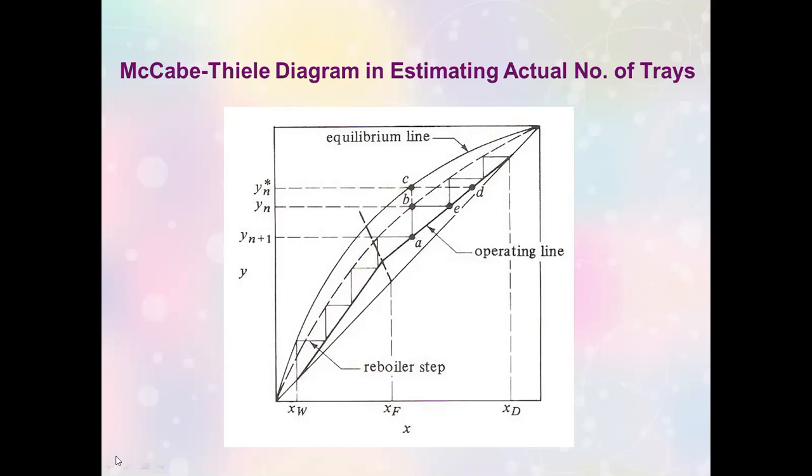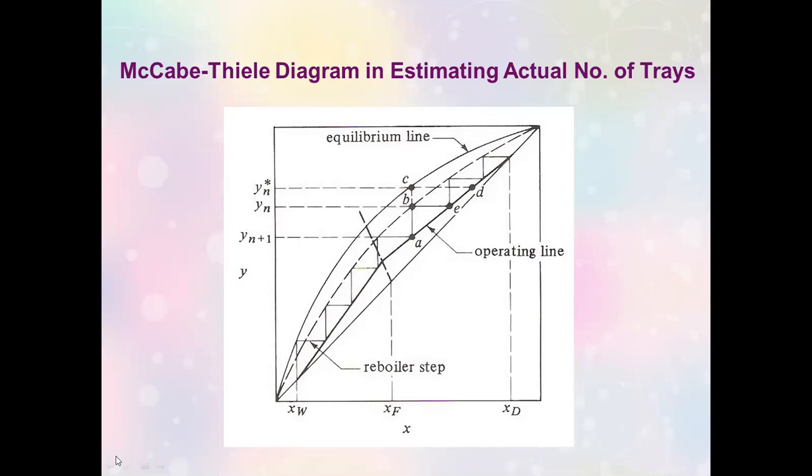So to simplify things, when you look at the graphical technique of determining the pinch point coordinates, isn't it that the intersection of the feed line and the equilibrium curve is where your enriching section operating line is also connected during the determination of the minimum reflux ratio? You recall? The enriching section operating line is connected from xD to where the feed line intersects the equilibrium curve. These three meet at one point.